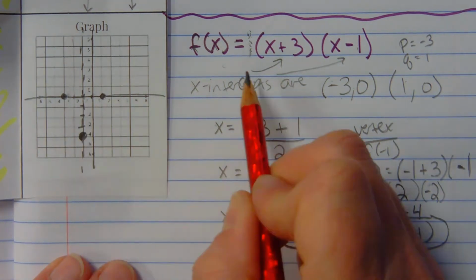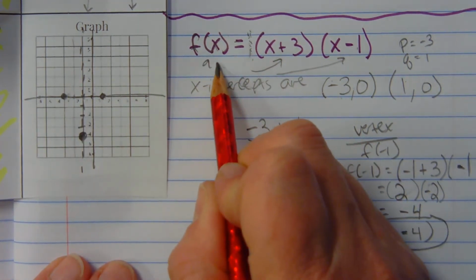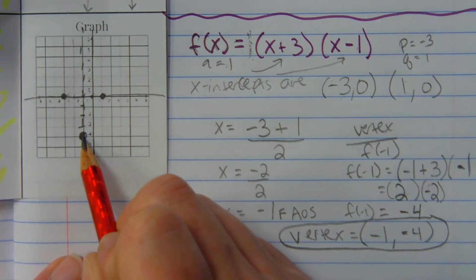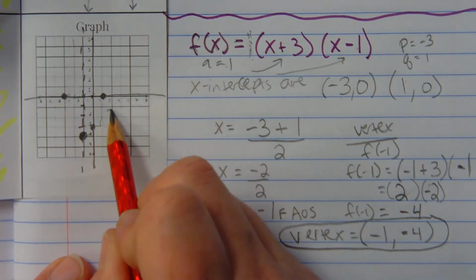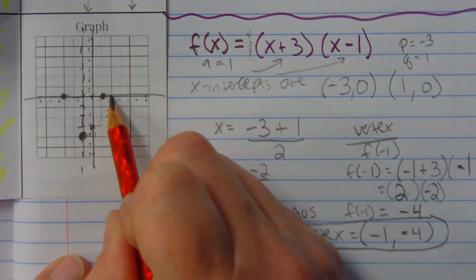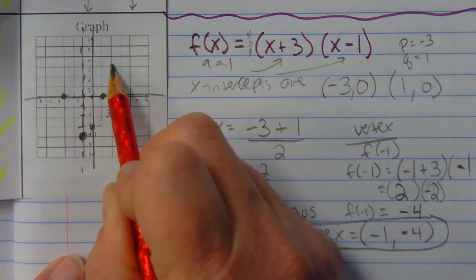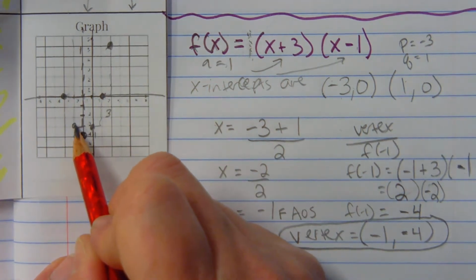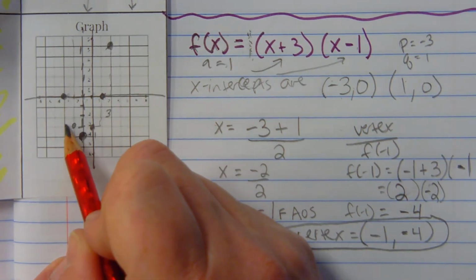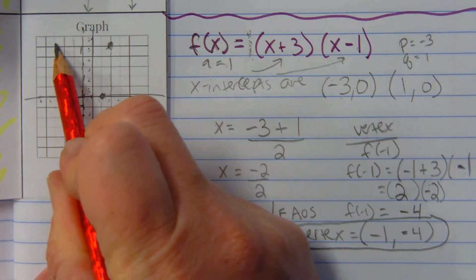So remember, if a equals 1, then that cool pattern of over 1, up 1, over 1, up 3 works. And then we can even go over 1 and up 5. And then same thing on the other side. Over 1, up 1, over 1, up 3, over 1, up 5.